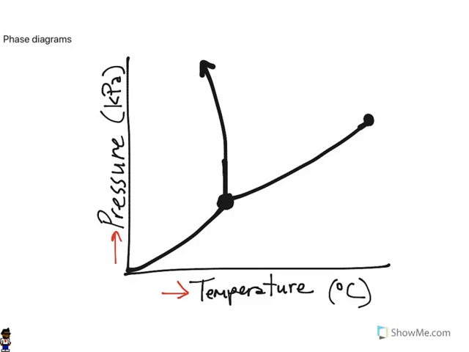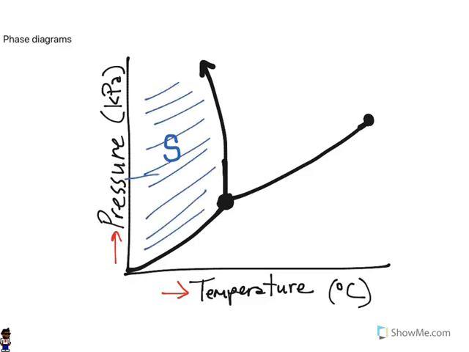So let's start with our most typical substances. Usually at very, very low temperatures, we expect things to behave like a solid. So in this whole region of space, if we have a data point of a certain pressure and a certain temperature, and it falls in this region, it's a solid.